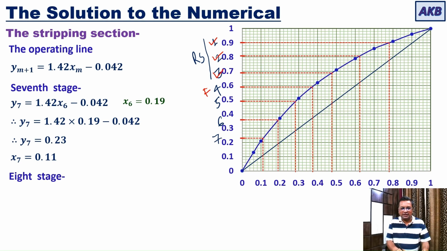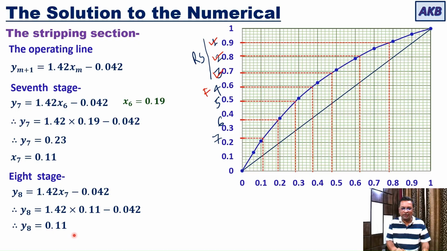Then let us go for the eighth stage. For eighth stage, the equation of the operating line for the stripping section is y8 is equal to 1.42 into x7 minus 0.042. That is y8 is equal to 1.42, x7 is 0.11. So 1.42 into 0.11 minus 0.042. That gives me y8 as 0.11.